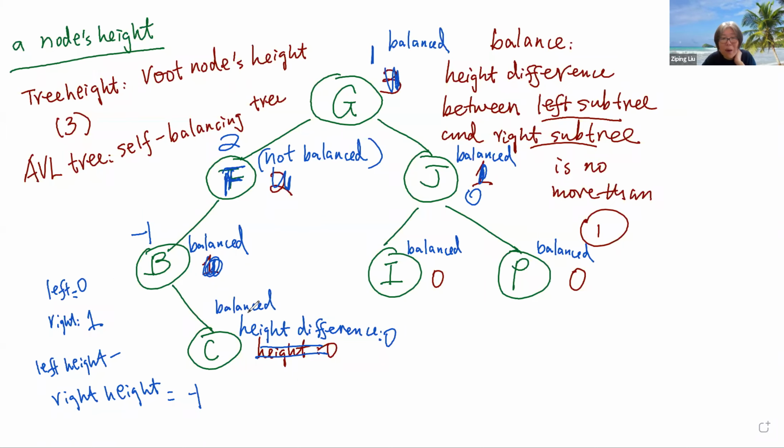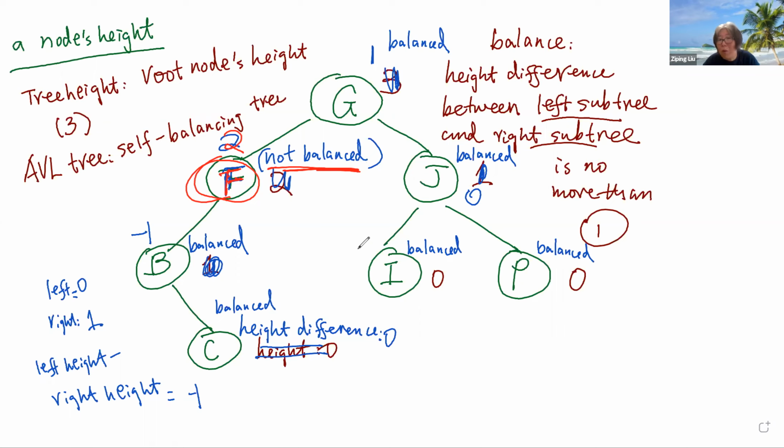But did we see node F? The height difference is 2, so it is not balanced.